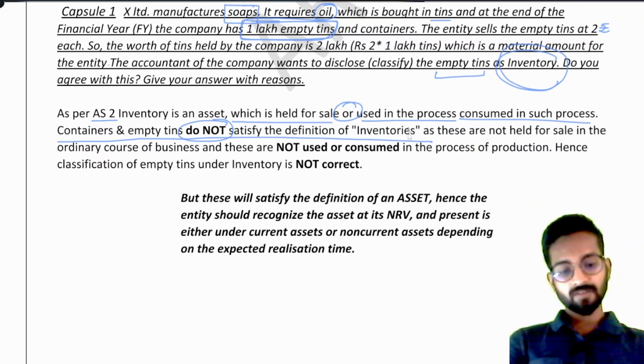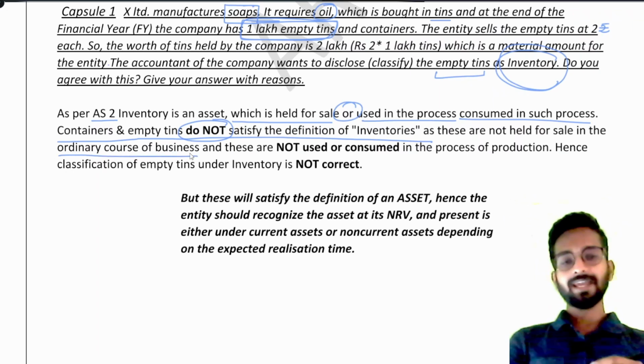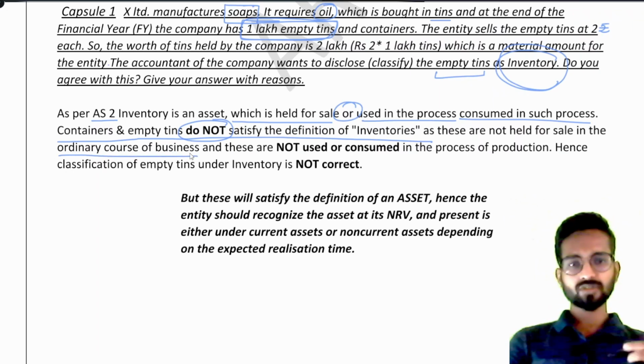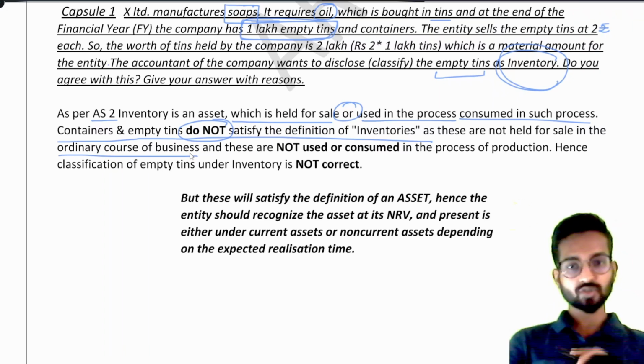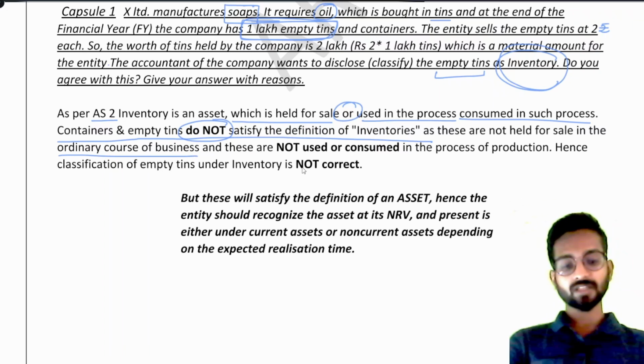Now, these are not held for sale in the ordinary course of business. See, X Limited is saying that we will sell those tins again, but understand, it is not in the normal course of business. What is the normal course of X Limited? It is manufacturing soaps and selling the soaps, but they are here talking that they will be selling empty tins. Understood? Now, and these are not used.